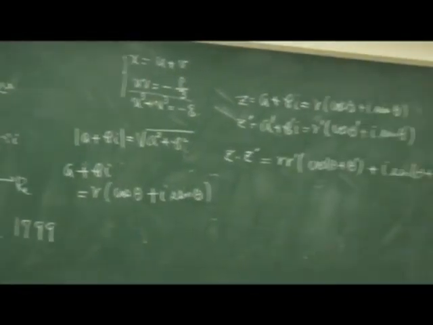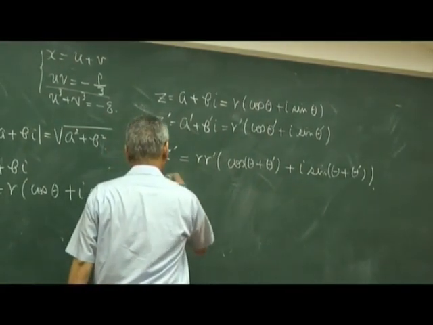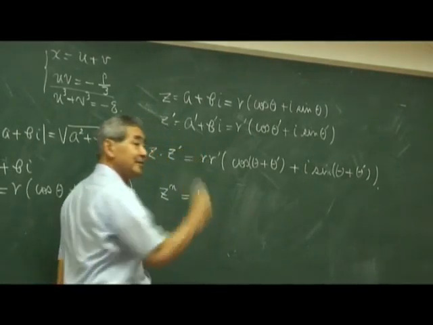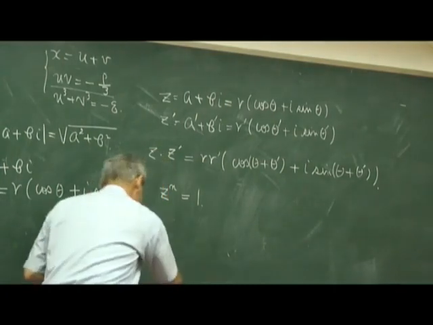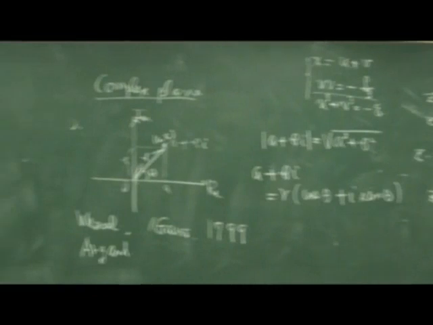Because, for example, if we want to solve the equation z to the n equals 1, we can easily solve the equation. Oh, sorry, but before, I should go back. Sorry, I went too fast.